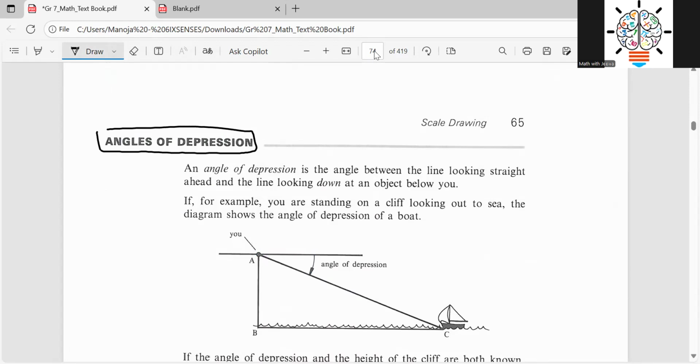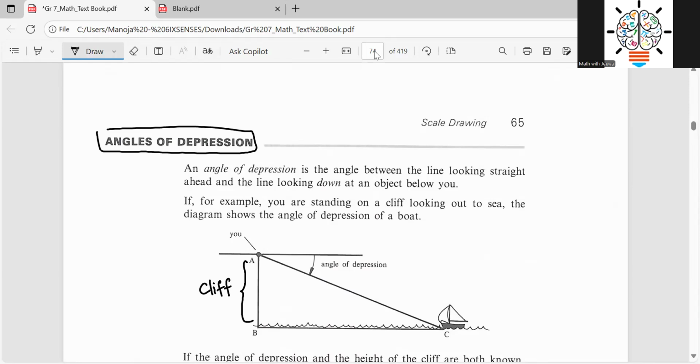Earlier, at the elevation, you looked at something which is above you, but this time it is below you. For example, you are standing on a cliff, so this is the cliff AB, and you are standing on that and looking out to sea. The diagram shows the angle of depression of a boat is this.